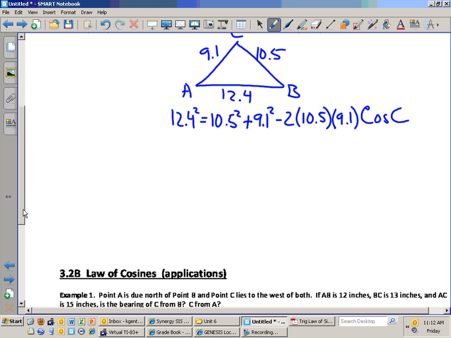I want to try to save space. I'm going to subtract the 10.5 squared and the 9.1 squared over from 12.4 squared. That's the step that I'm doing right now.